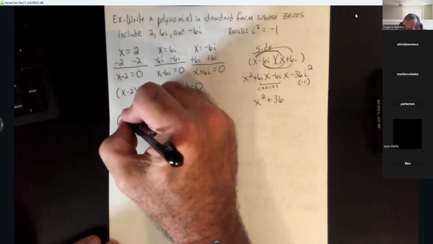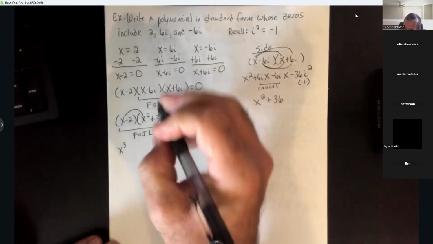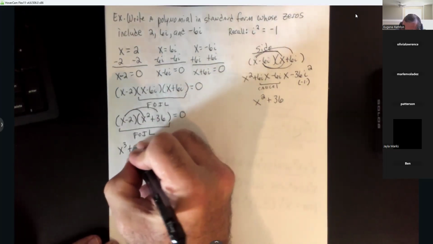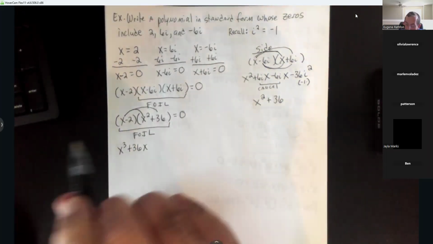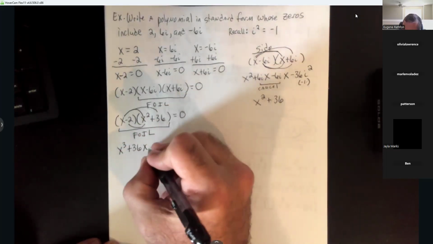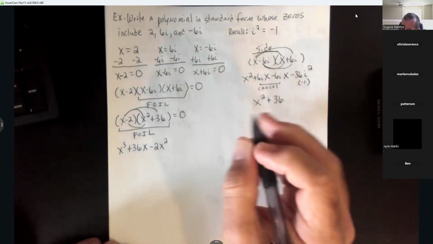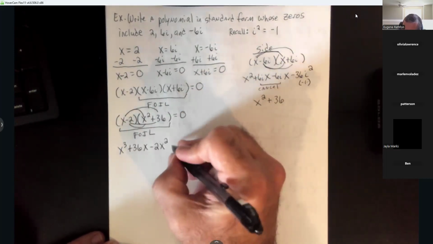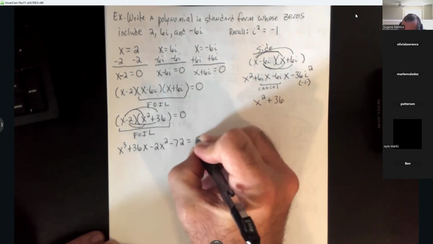Here we go. X times x squared is x cubed. X times 36 is a positive 36x. On the inside, negative 2 times x squared is a negative 2x squared. And finally, negative 2 times 36 is a negative 72.